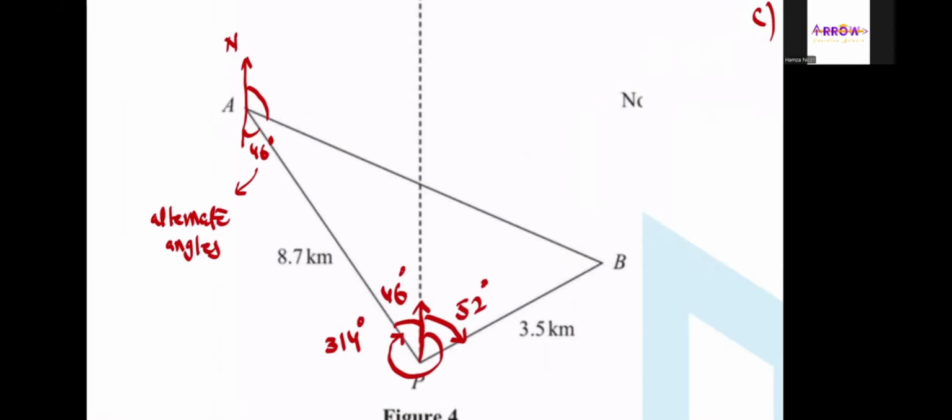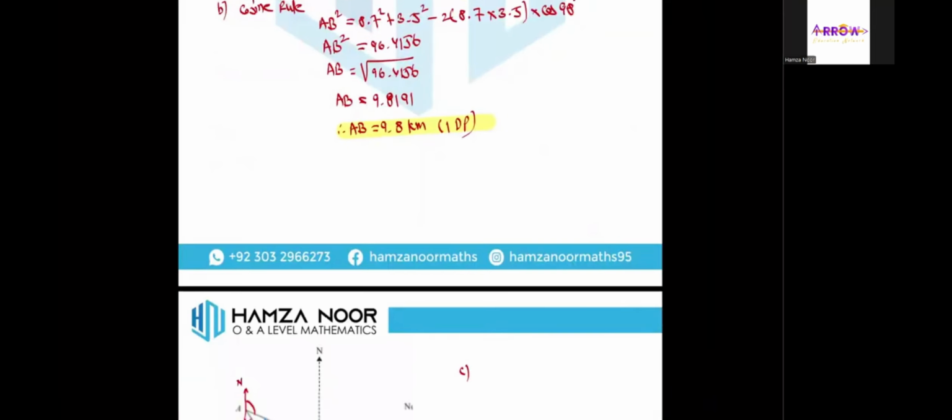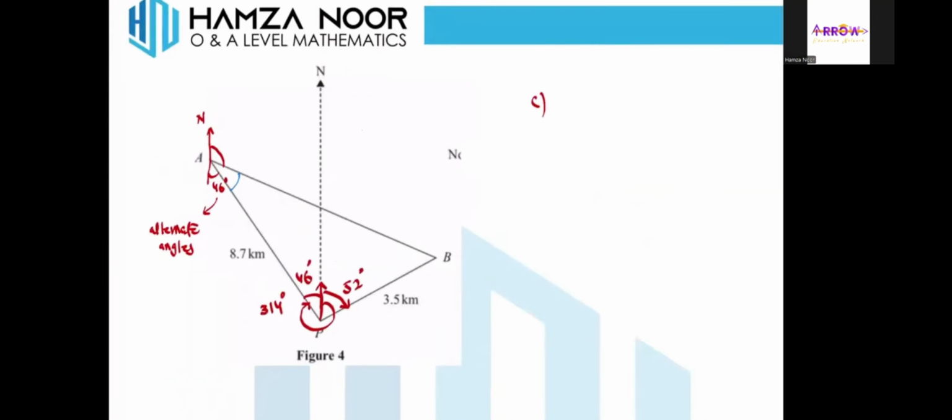And what we need to find is this angle PAB, which is also an acute angle. As we know, this angle PAB is unknown, and the length opposite to this angle is 3.5 kilometers. Okay. And the length of AB we have already found in the earlier part. What was the length of AB? 9.8 kilometers.